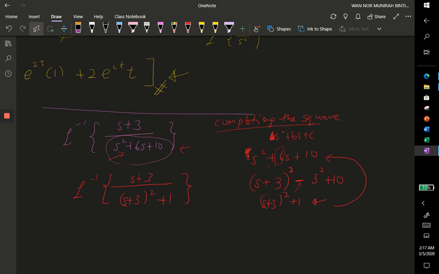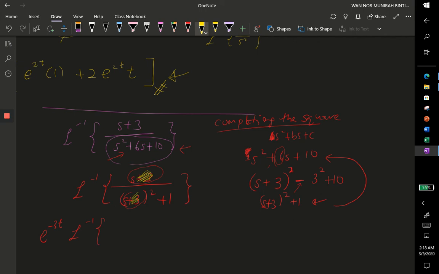Wow, this question is easy because when I try to take out e to the at, I will find that my a here is negative 3, my a here is also negative 3, so I don't need to do any modification to my function. So I just take out e to the negative 3t, then I automatically erase my a.